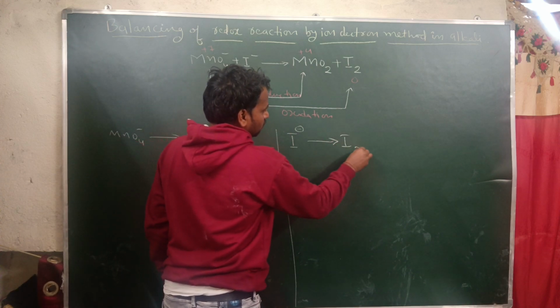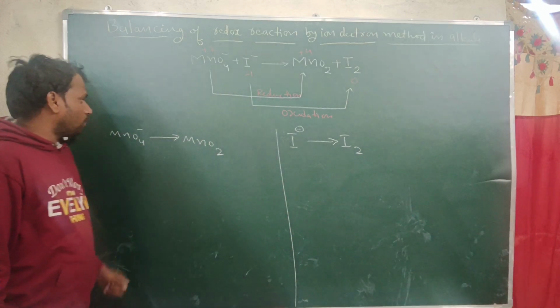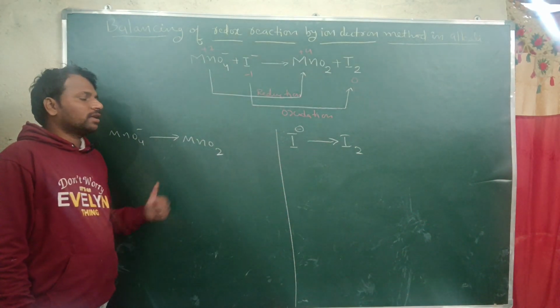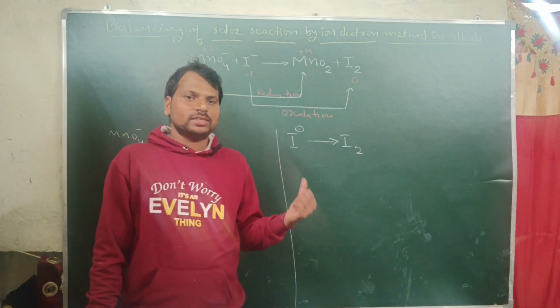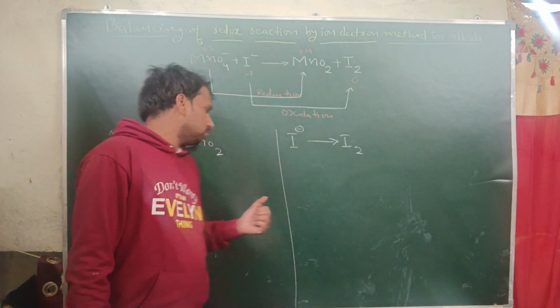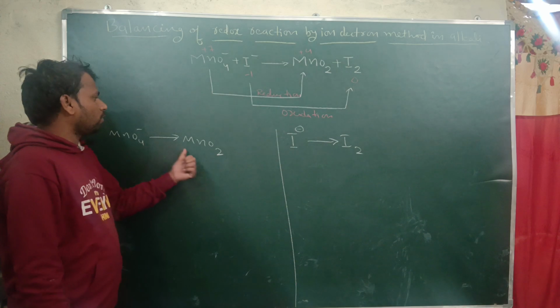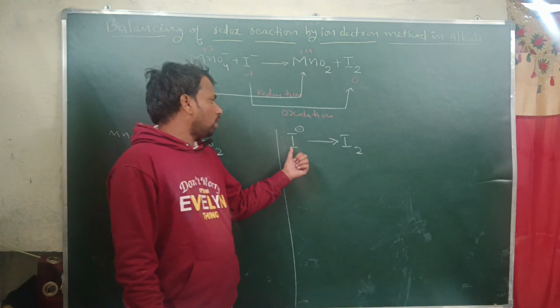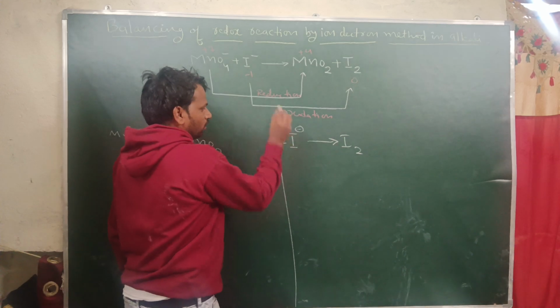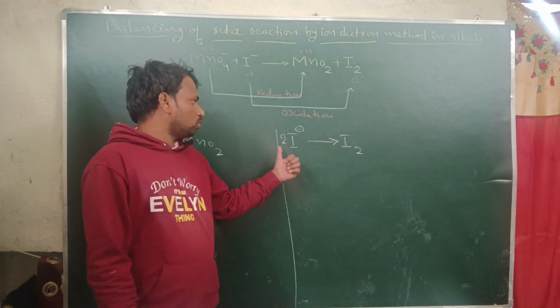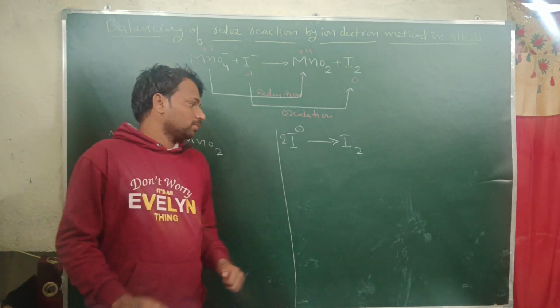In base medium or alkali medium, we can balance the same way. The first step is the same: balance other than oxygen and hydrogen. Manganese is one and one. Iodine is one on one side but two on the other, so I write 2 in front of the I minus. Two iodines and I2 is balanced.